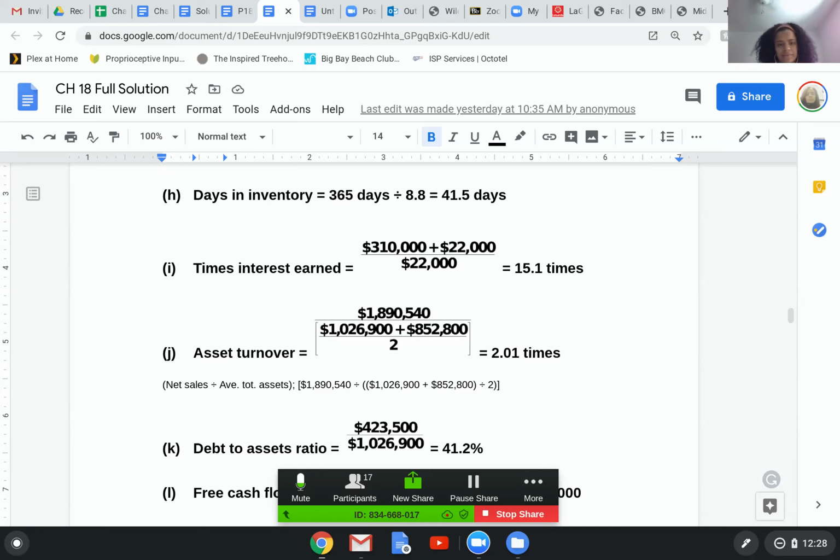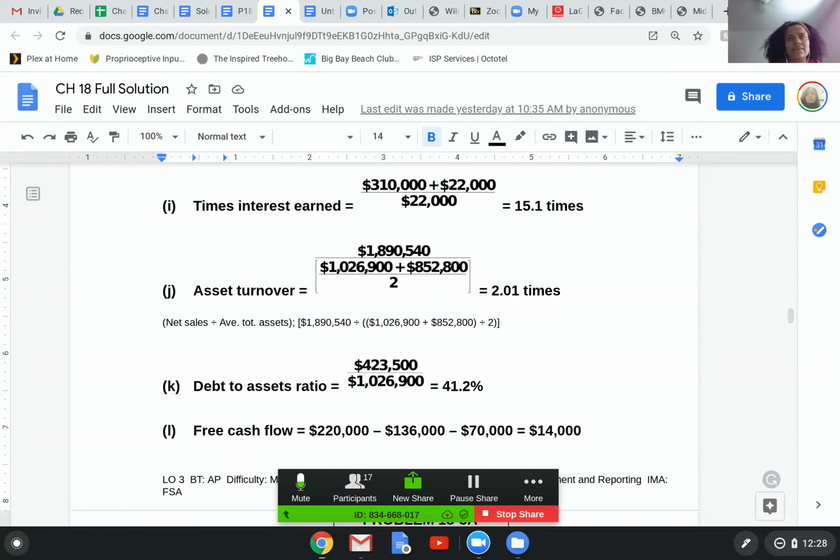So you're saying that for every dollar you've invested on average in assets, you were able to generate $2 of sales. That's basically the way to think about it. Your assets turned over 2 times a year to generate the sales that you did, which is a little bit of a weird way to think about it.